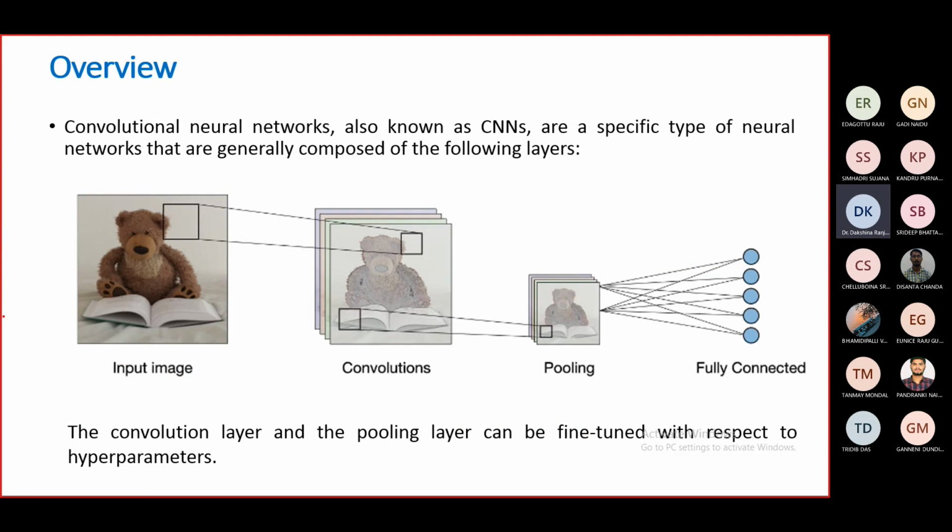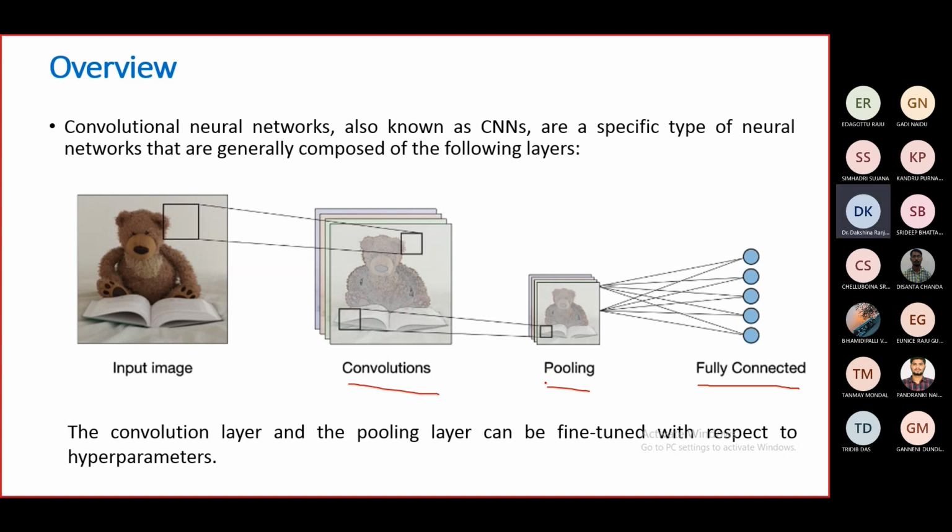Now, a convolutional neural network is composed of three layers. The first layer is called the convolutional layer, the second layer is called the pooling layer, and the third layer is called the fully connected layer. The convolutional layer and the pooling layer can be fine-tuned with respect to the hyperparameters. In convolutional operation, the hyperparameters are the weights or coefficient values in the different filters of various dimensions.